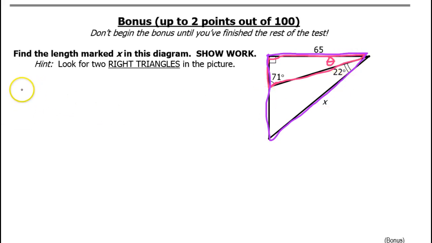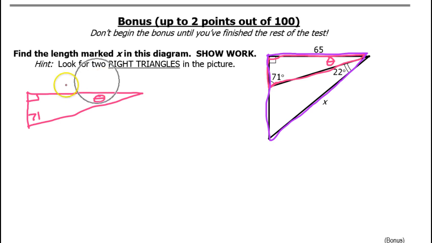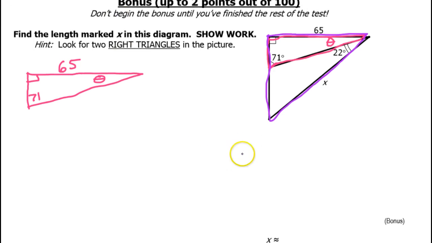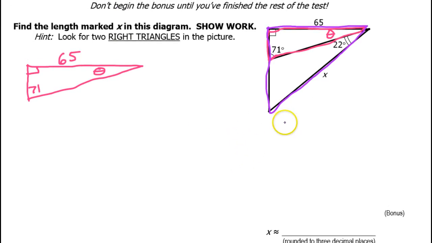So here comes the pink triangle. Here's that 71, here's the theta that I'm going to need, and here's the 65. Okay, there's that triangle. I'm going to solve this for theta in a minute. And now here is the purple triangle over here.